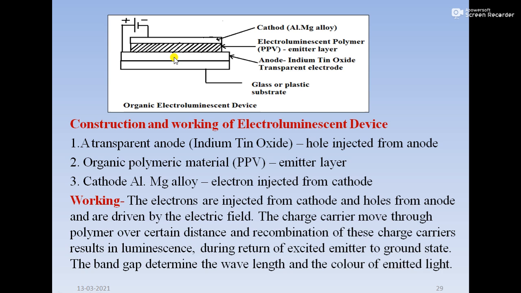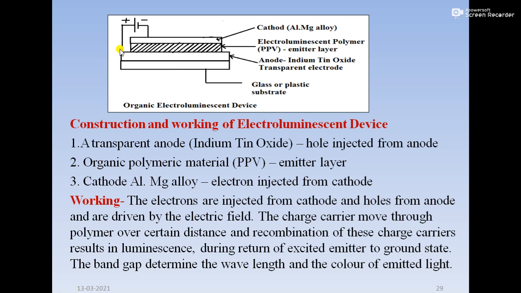Above that there is a layer of transparent anode which is made up of indium tin oxide. Above that there is an electroluminescent polymer, that is PPV, polyparaphenylene vinylene. And above that there is a cathode which is made up of aluminium magnesium alloy.